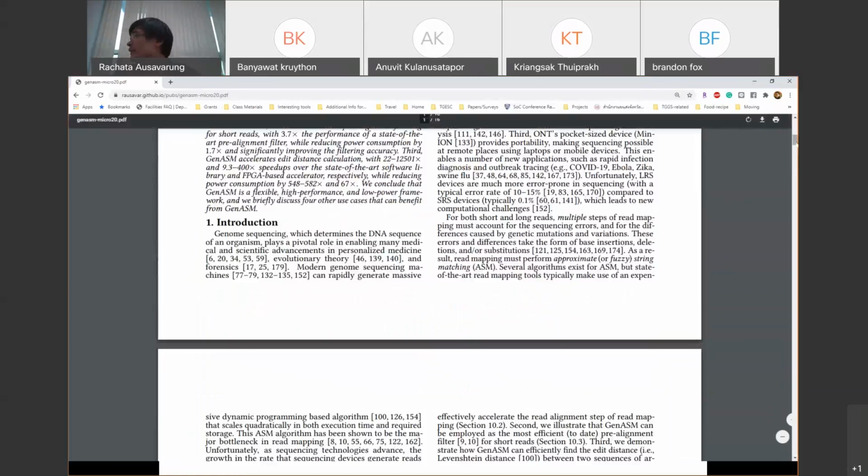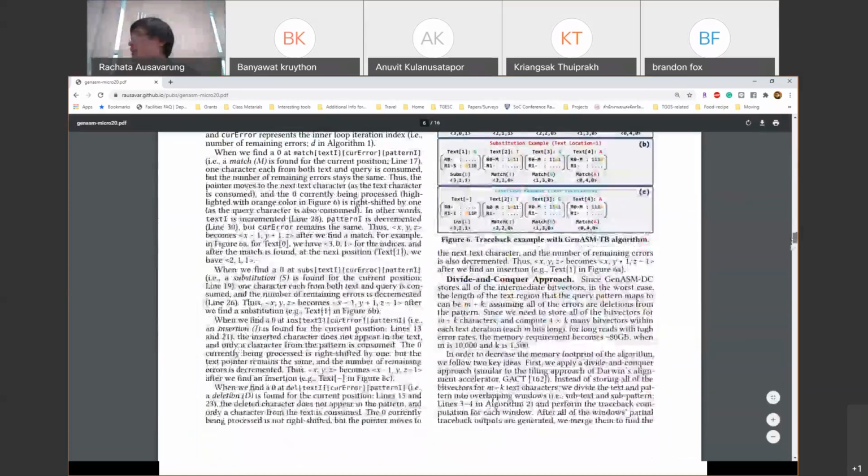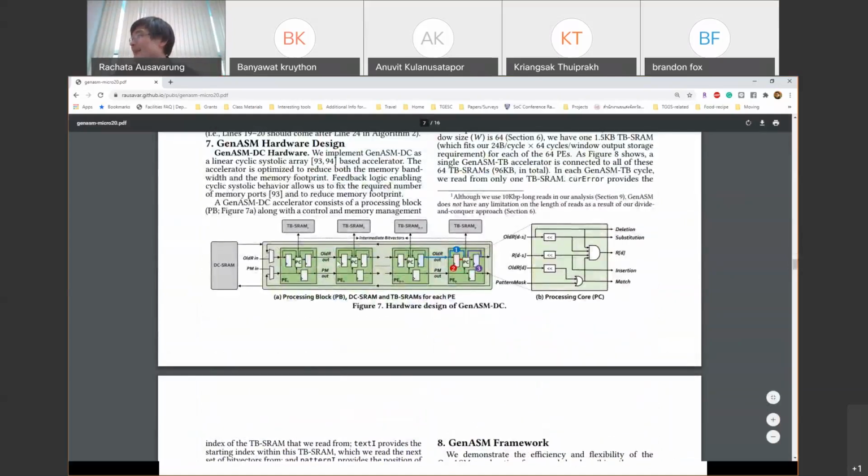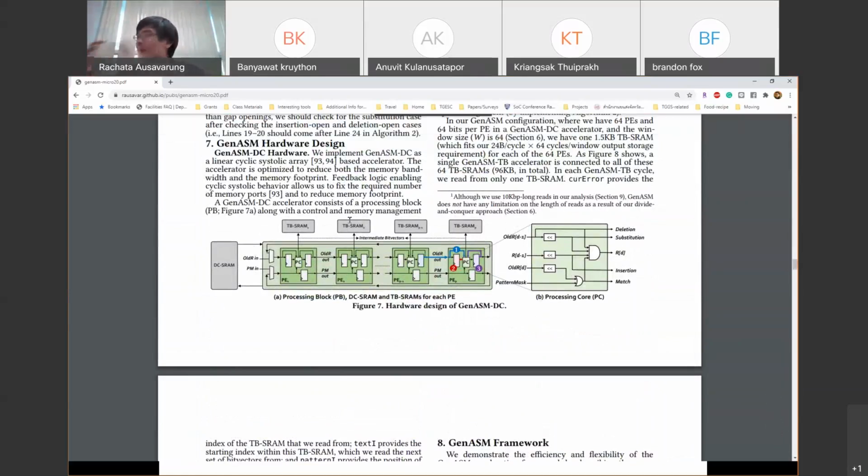If you look at this, we are doing DNA sequencing. And this part is the systolic arrays that we use to move data really quickly between different processing elements. You see PE, right? Processing elements.